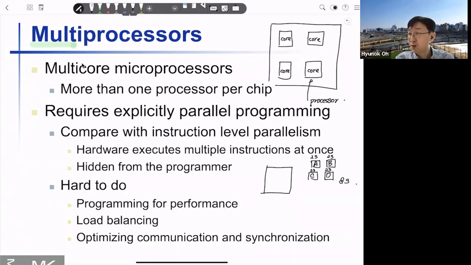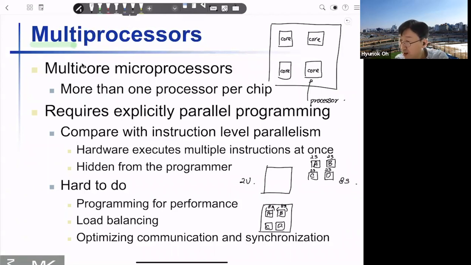In order to do that, you have to use something like 2 voltage. But if you have 4 cores, each core executes a different program, and each core completes its program in like a second.